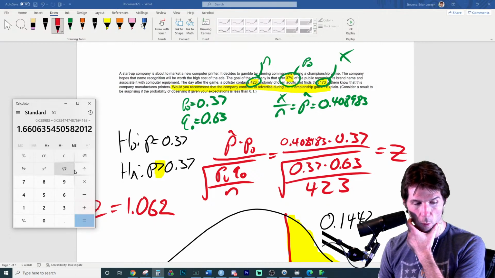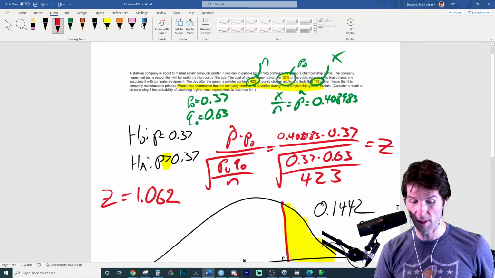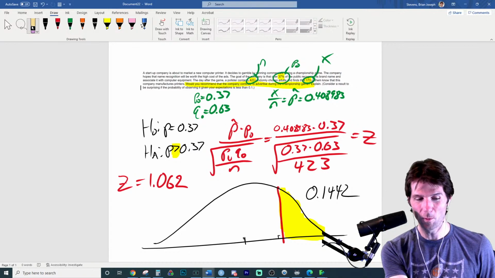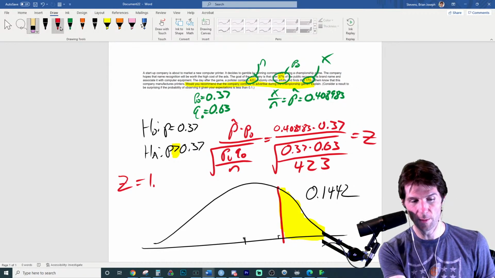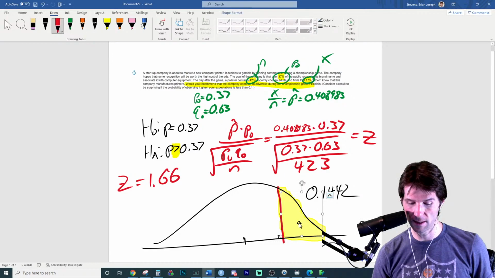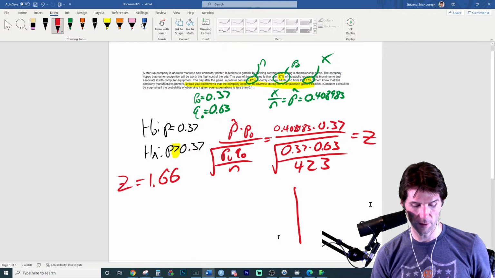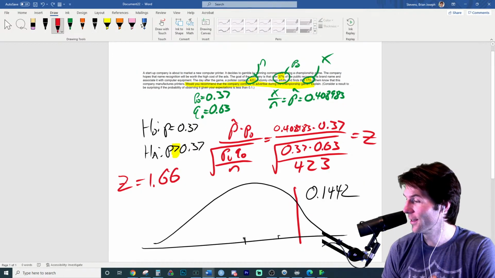There we go, 1.66. Now we're going to find the p-value. So 1.66 moves the z statistic over here, and now the p-value, we just disappear the whole thing.